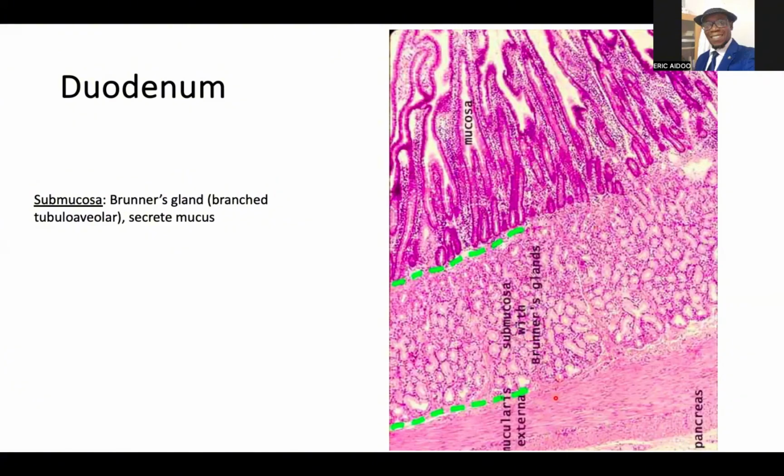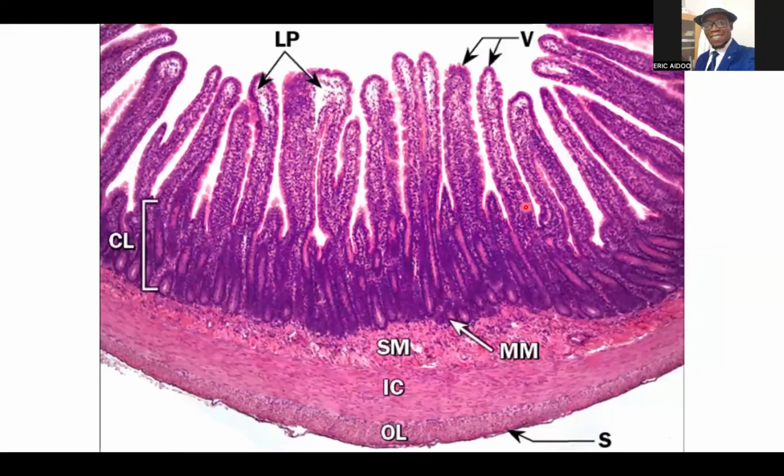That will be the muscularis externa. Then obviously on top of the submucosa will be the mucosa. The mucosa is made up of the epithelium, the lamina propria, and the muscularis mucosa, which has been thrown into folds. So again, LP, lamina propria, that is a villus or villi, and then the crypt of Lieberkühn.